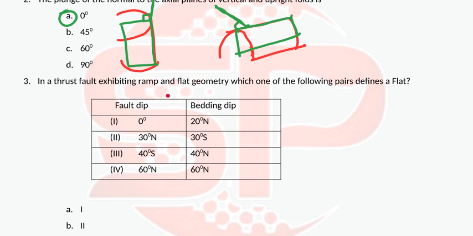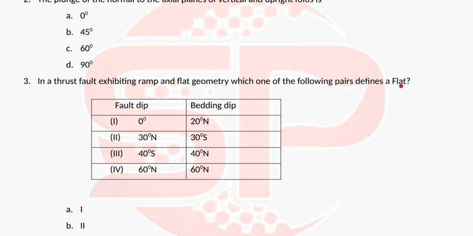Then, a thrust exhibiting ramp and flat geometry, which one of the following pairs defines a flat? A flat is defined when the dip of the fault plane and the bedding dip are in the same direction and the same amount. Here only this one indicates a fault plane dip of 60° north and bedding dip also 60° north.